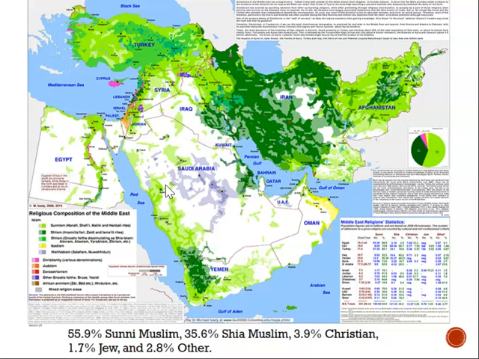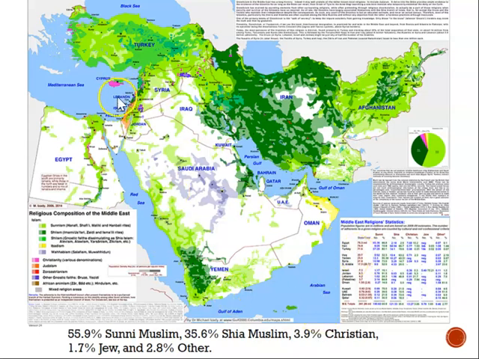So this makes it even more complicated, right? Add to that, of course, there are Christians in the area, although here you see it's listed as 3.9%, and those numbers have been falling because many Christians have fled the area.